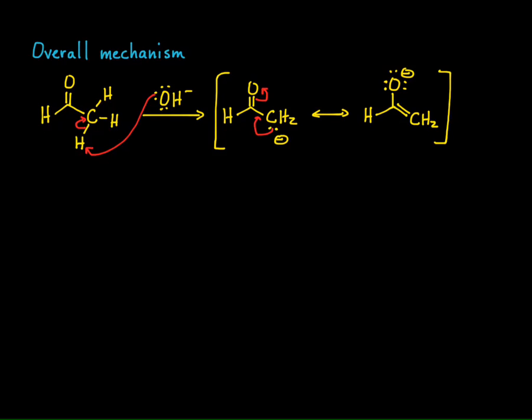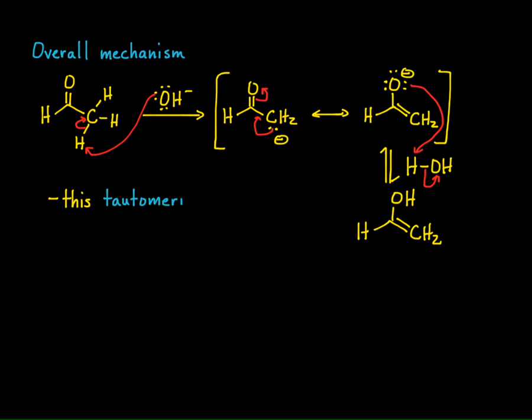So I have these two resonance structures, one where the negative charge is on the carbon, the other where the negative charge is on the oxygen. And now I can protonate with water and generate my enol. So I'm going from the keto version of an aldehyde to the enol version of the aldehyde.